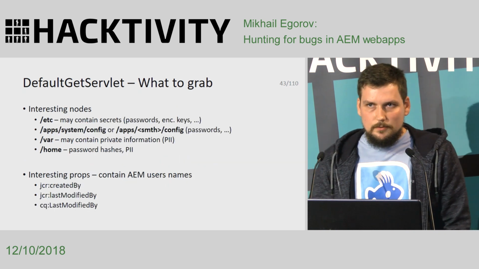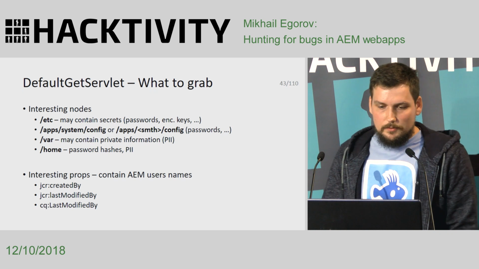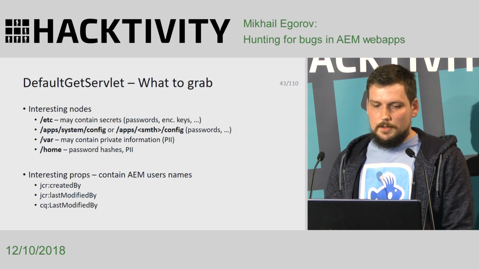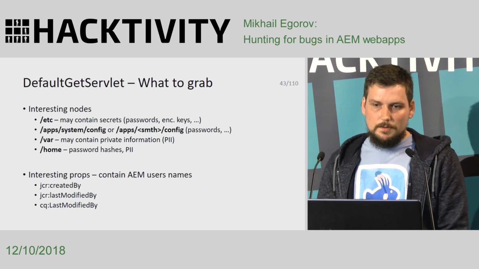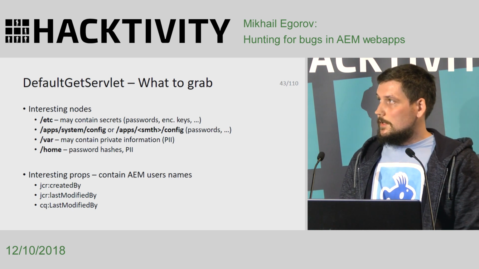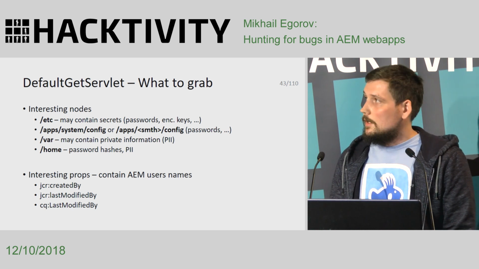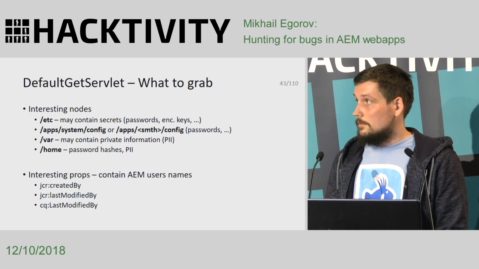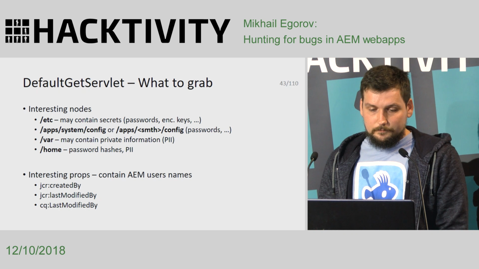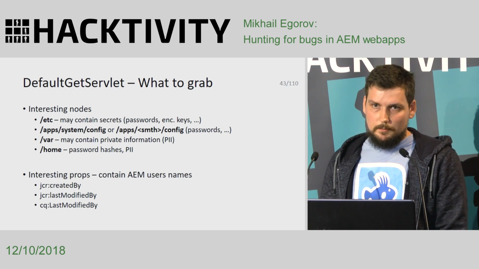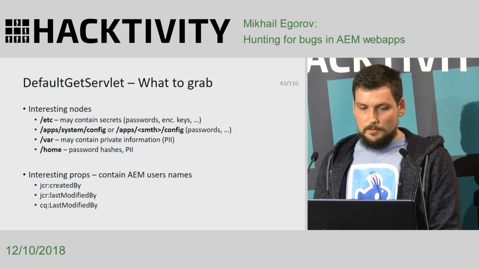Some common places to look into. Children nodes of etc usually contain various secrets like database connection strings with passwords, encryption keys, and so on. Children nodes of apps system config and apps something config usually contain passwords. Children nodes of var may contain private information that belongs to users.